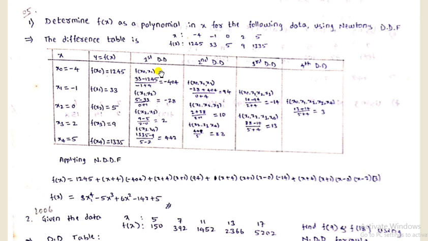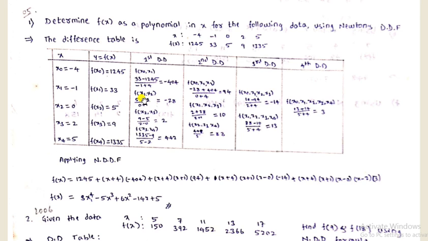The formula is 33 minus 1245, whole divided by -1 minus of -4, that becomes +4, which gives -404.